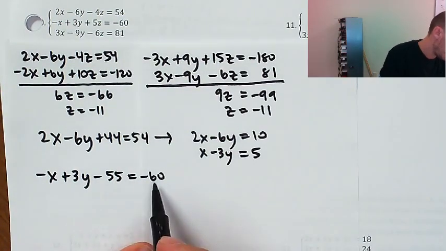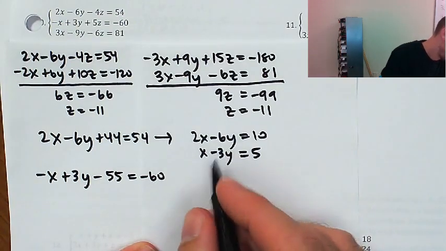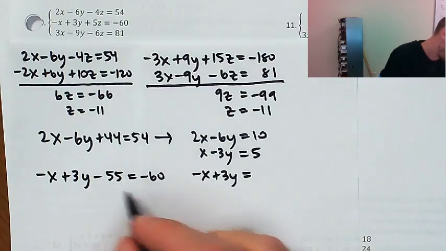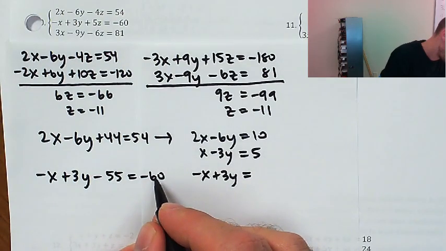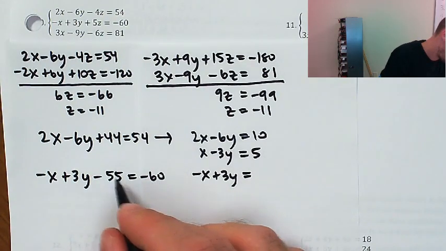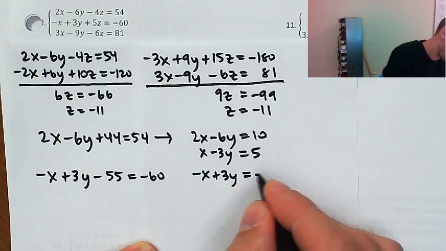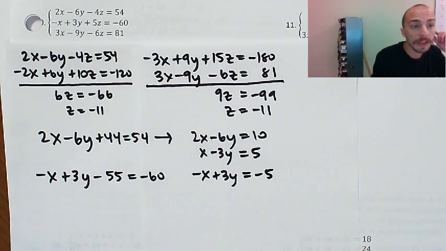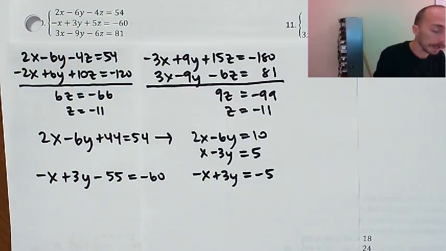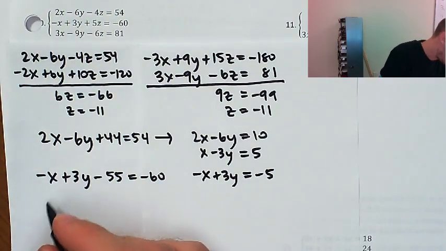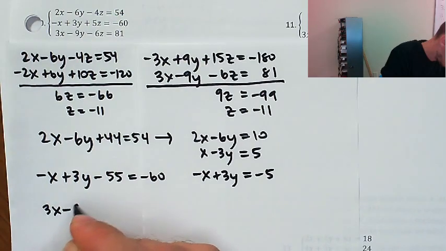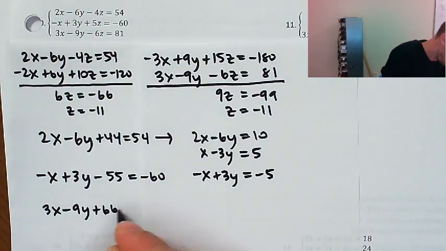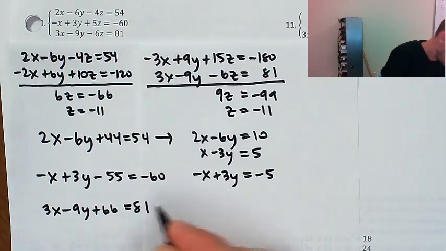Okay, so I'm going to add 5 to both sides, and I'm going to get negative x plus 3y equals, nope, negative 5. Okay, so these are the same equation. But then I'm going to go in and I'm going to do this to the third equation. 3x minus 9y minus 6z is going to be plus 66. That needs to equal 81.